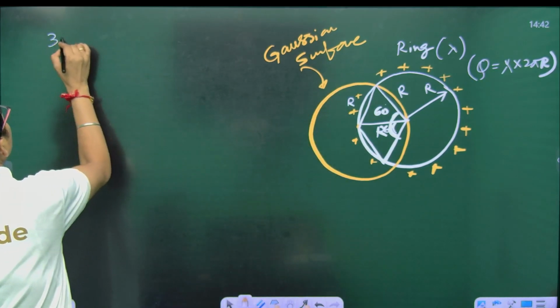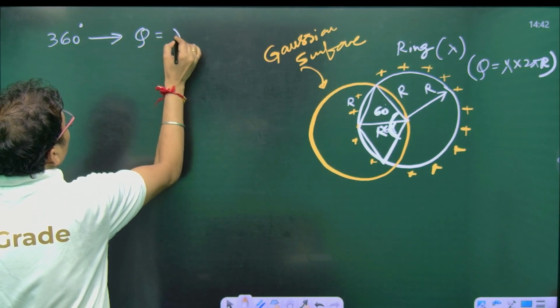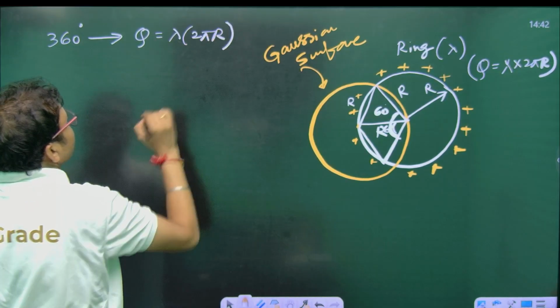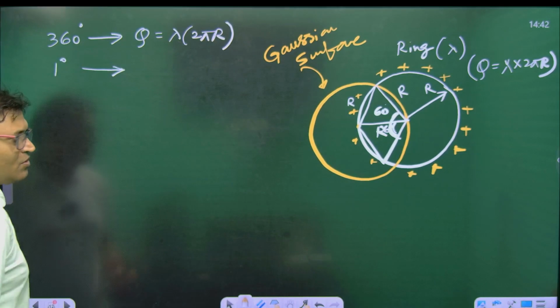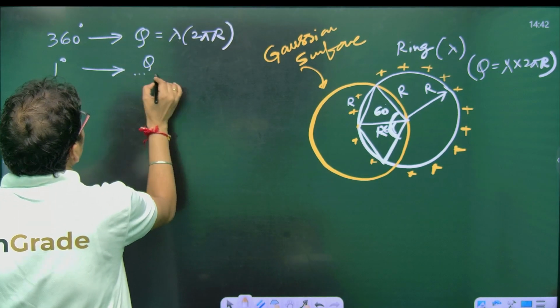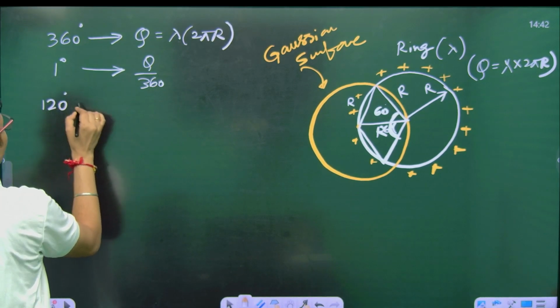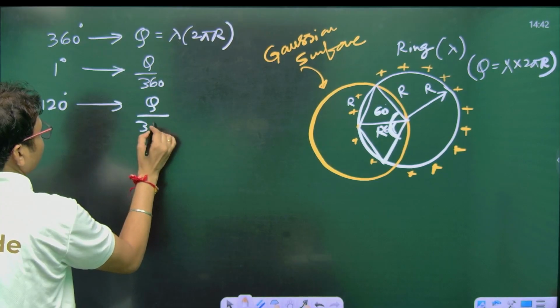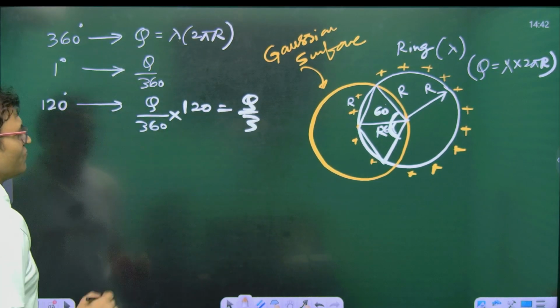So in 360 degrees, the charge is q, that is equal to lambda into 2 pi r. So for an arc making 1 degree angle, it will be q by 360. And for a 120 degree angle, it is q by 360 into 120. That is q by 3, the amount of charge enclosed.